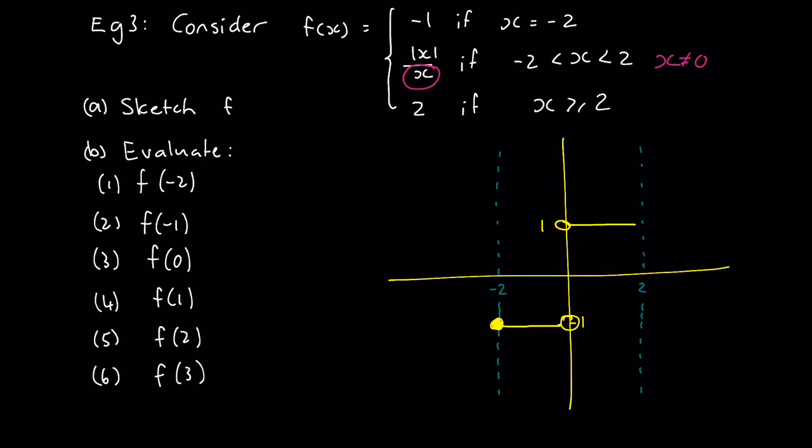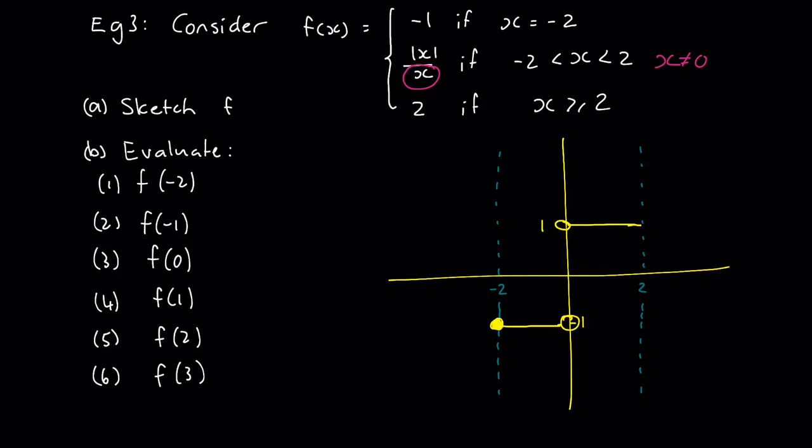Now, at +2, I want you to notice that it's not included for the absolute value function, but it is included for the straight line function. So there's no need for an open dot here. We can simply continue the function, and now the graph says that y is equal to 2 if x is greater than or equal to 2.